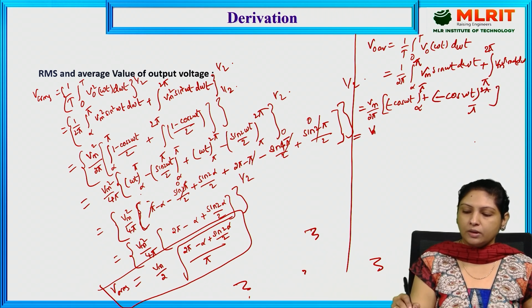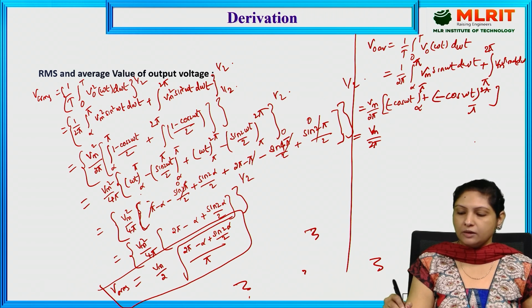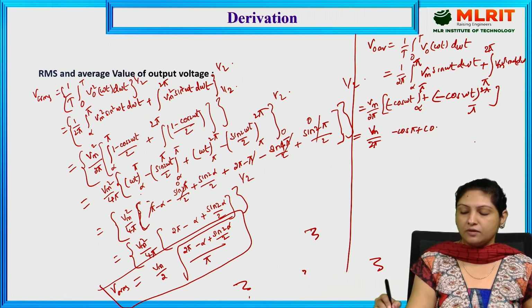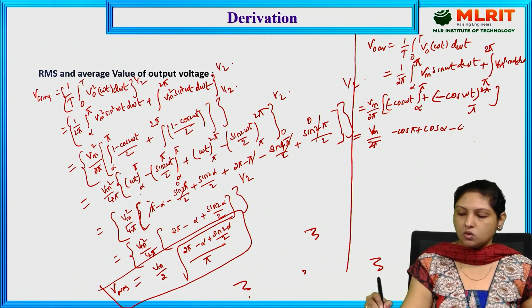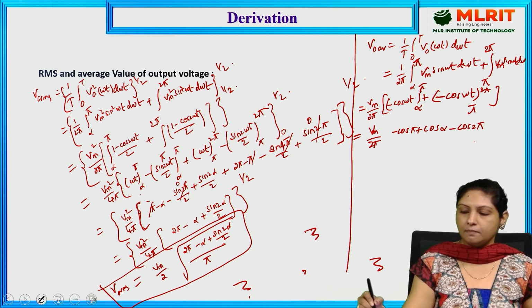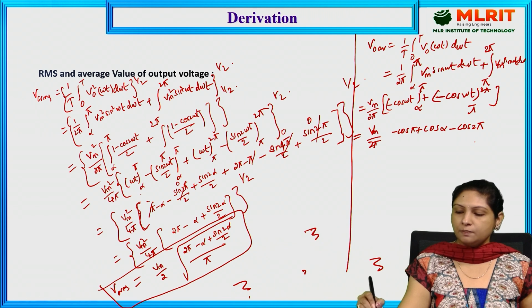We get Vm by 2 pi. Substituting the limits, upper limit minus lower limit, minus cos pi plus cos alpha, minus cos 2 pi, minus of minus plus cos alpha, plus cos pi.